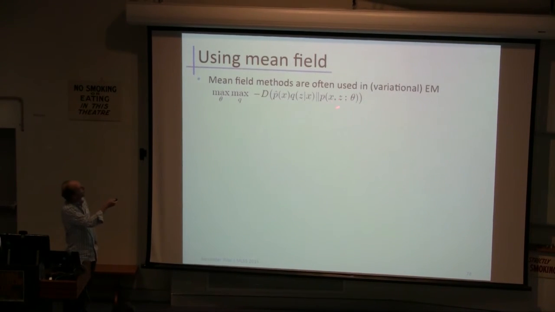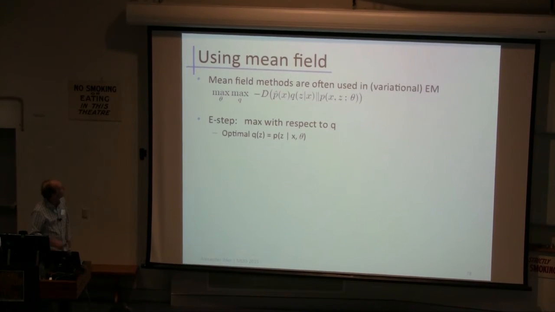We have some observed empirical distribution given our data X, some hidden variable Z, and some parameters of the model theta. So you can think of a Gaussian mixture model or something like that. A nice framing of expectation maximization is as a joint optimization over the parameters of the model and the distribution over these hidden variables.